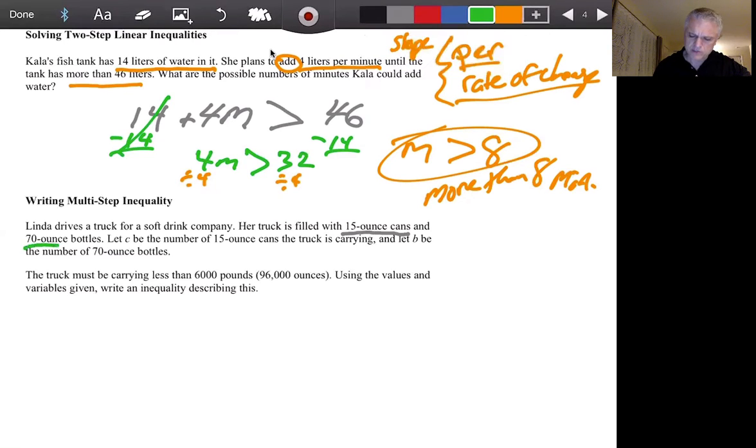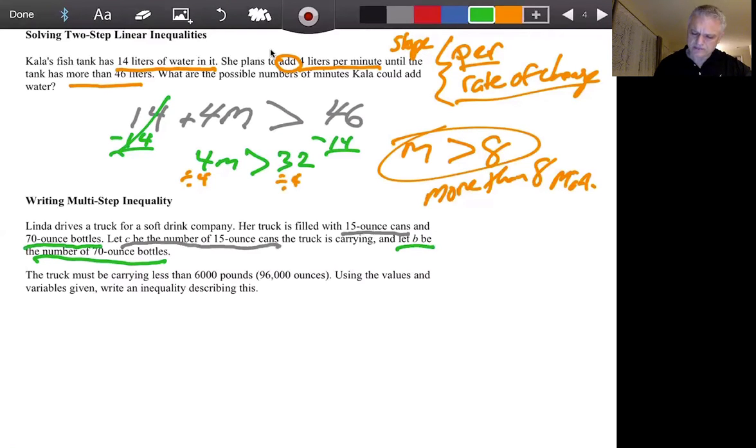So I'm going to differentiate between them. Let C be the number of the cans that the truck is carrying, and let B be the number of 70-ounce bottles. So you have B bottles and C cans. Very unique.